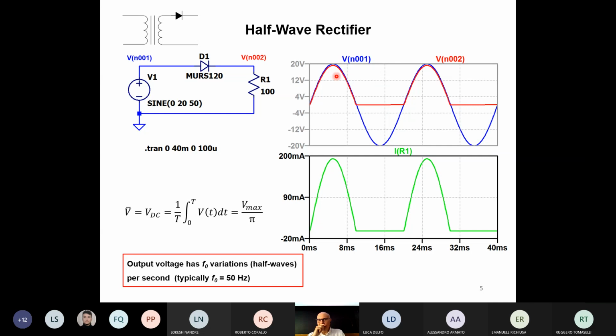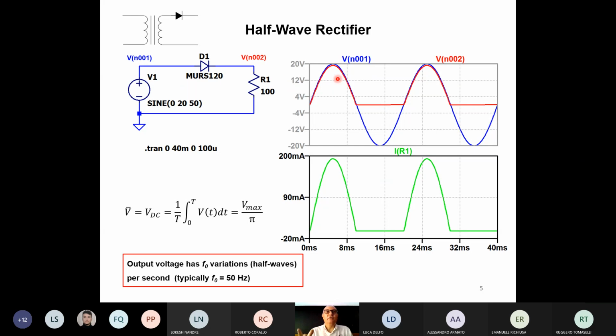Basically, if you see here, in the red curve, we have 0.7 volts less than 20. So the peak voltage will be around 19.3. At this scale, you almost don't see the difference. But if the output voltage is lower, so if you have an output voltage which is closer to 0.7 volts, for instance, 3 volts, the 0.7 volts will be a large percentage of error, okay?